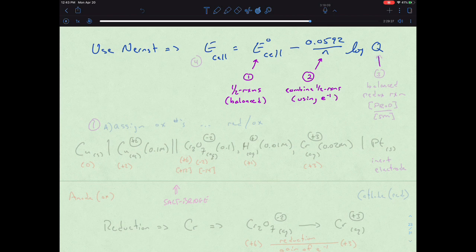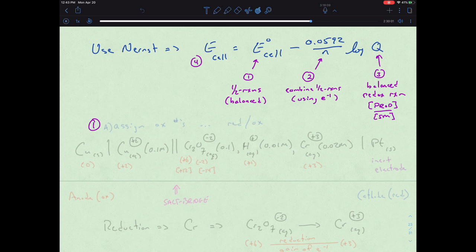And then 3, we need basically the balanced redox reaction to figure out what our products and our starting materials are, as well as the stoichiometry. And then that allows us to finally get to step 4, which is the cell potential. So we're going to have to bring in all of these pieces to the puzzle for this particular question.